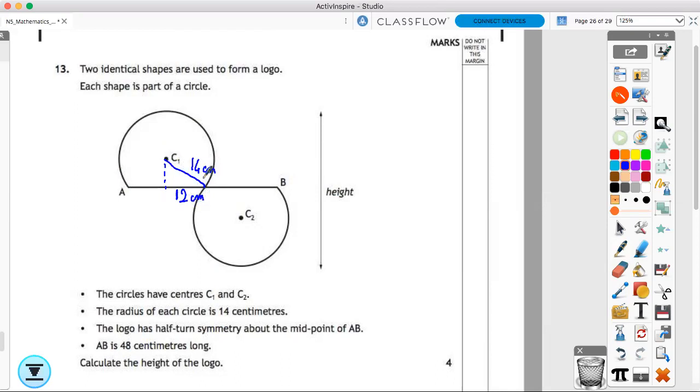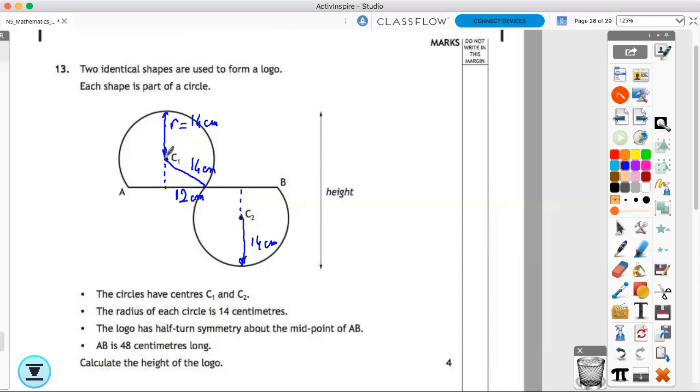Now, look at the height. The height is the radius, which is 14, plus the radius again, which is 14, so it gives you 28. Plus this height here twice.